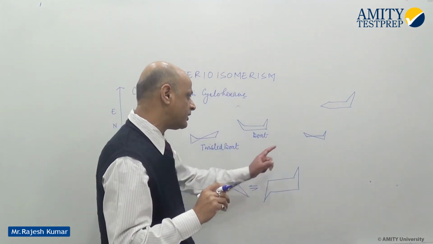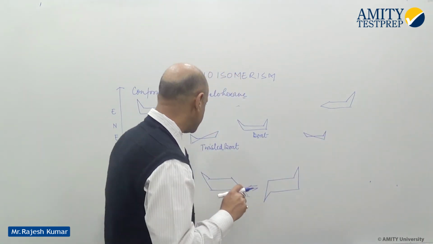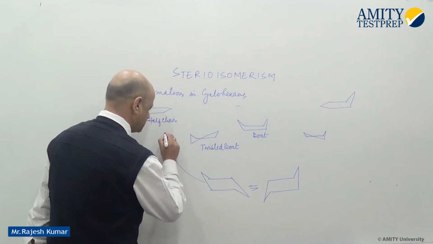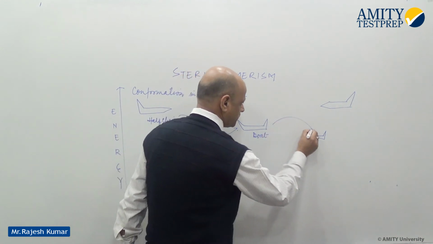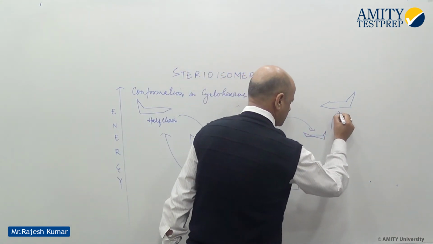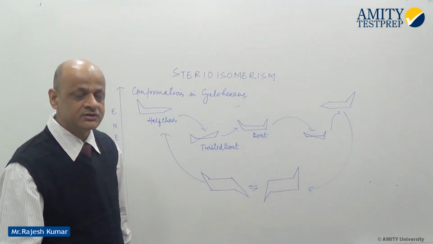Similarly, this boat gets converted into another twisted one, another half chair, and another half chair gets converted into another form of the chair model. So this is called ring flip.